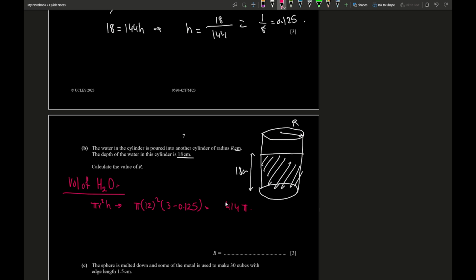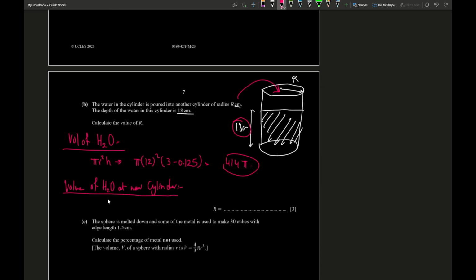The volume of this water, after we poured it here, reached a height of 18. So if we calculate the volume of the water in the new cylinder, it should be equal to that. Let's calculate it. The volume of water in the new cylinder is given by pi r square times h, and the radius is R capital, so pi r square times the height, which is 18.